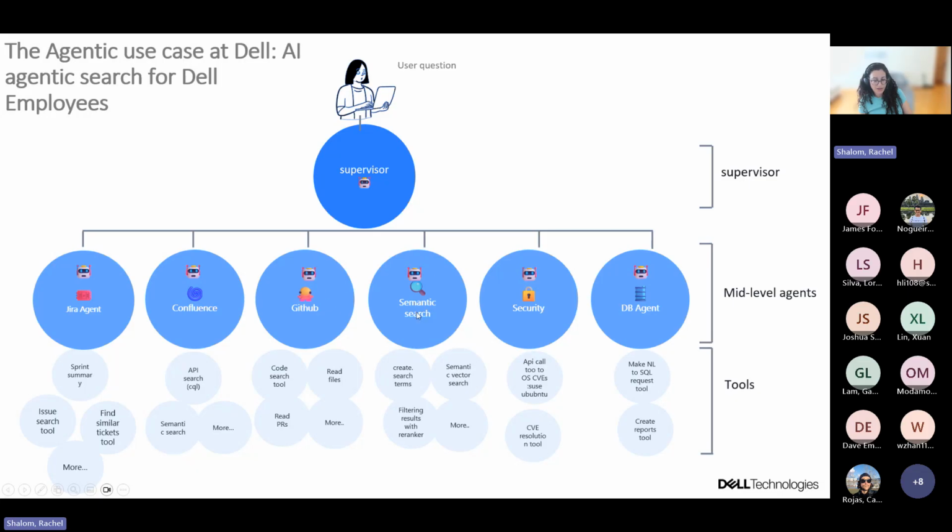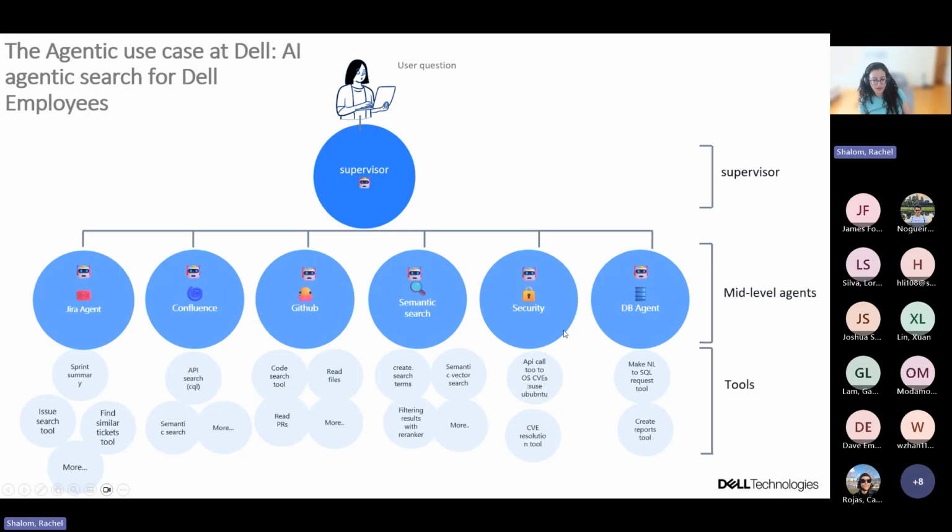Semantic search is a workflow, which is the part where we ingest all the data in advance. When you ask a question, we send a request to a vector database and try to fetch information based on cosine similarity. Once we get all the results, we filter them with a re-ranker and provide back the results.